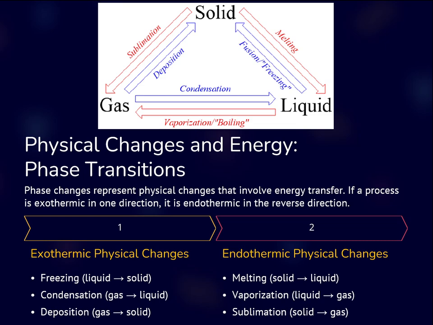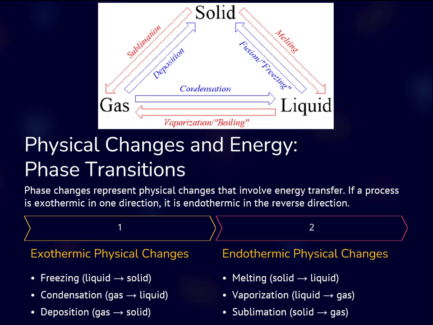Now, the endothermic physical changes. You'll notice that these are opposites. First, melting, the movement of solid into liquid. This is where ice absorbs energy to become liquid water. Then there's vaporization, when a liquid turns into a gas, like boiling water on the stove. And lastly, sublimation is when a solid turns to a gas.